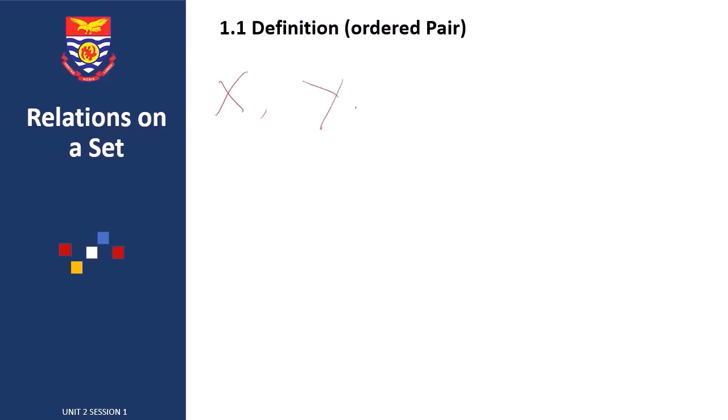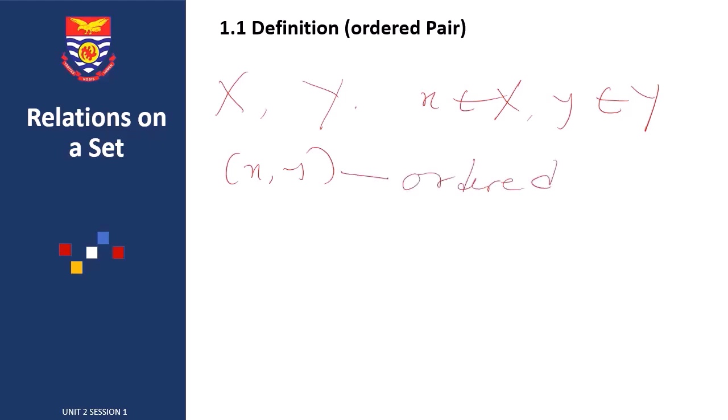Let's consider the ordered pair (x, y), where x is a member of the big X and y is also a member of the big Y. So this (x, y) is called the ordered pair.